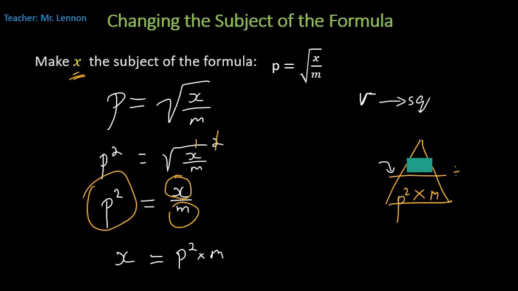So we can see what happens between these two terms that remain. And so we'll have x is equal to p squared times m. Yes, this implies that x is equal to p squared m, or we can say mp squared. So this is our solution.